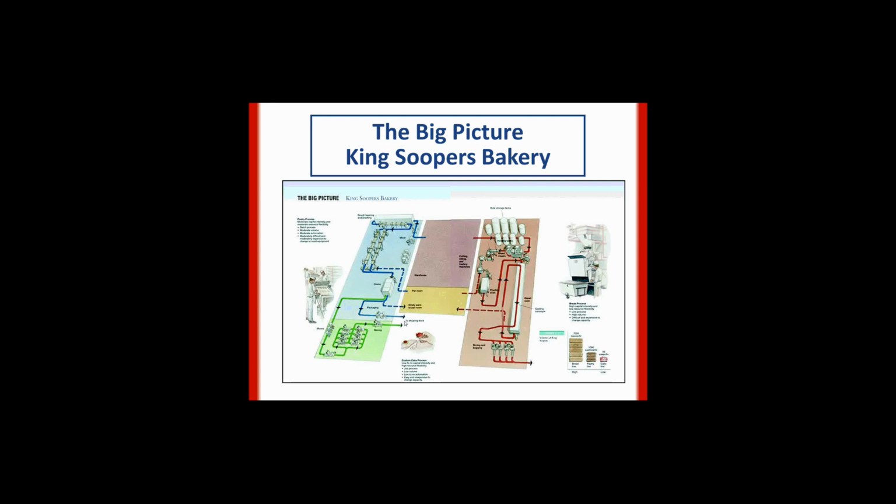Okay, this one, you have 3 types of processes in King's Super Bakery. At King's Super Bakery, the organization has 3 products.